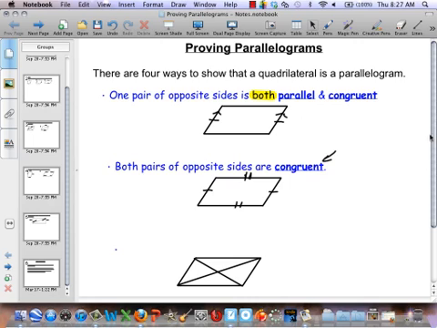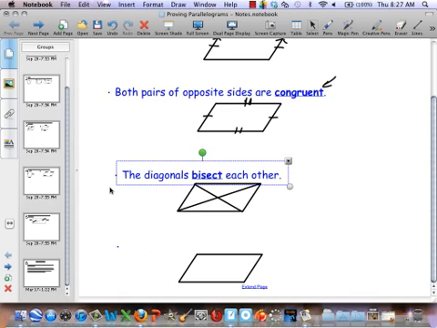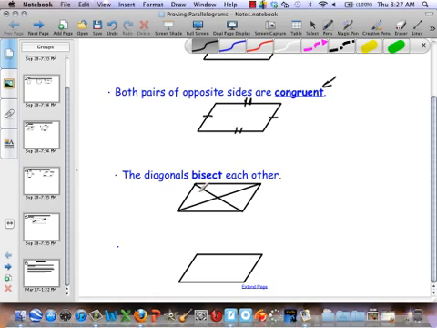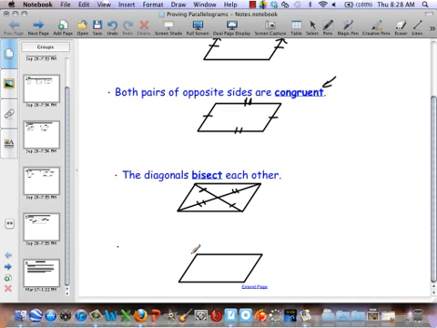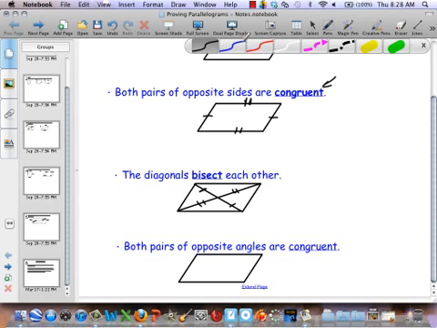Now this ties back into the lesson from today: if the diagonals bisect each other, it makes it a parallelogram. So if my diagonals cut each other in half, then I'm a parallelogram. And then the last one is if both pairs of opposite angles are congruent.